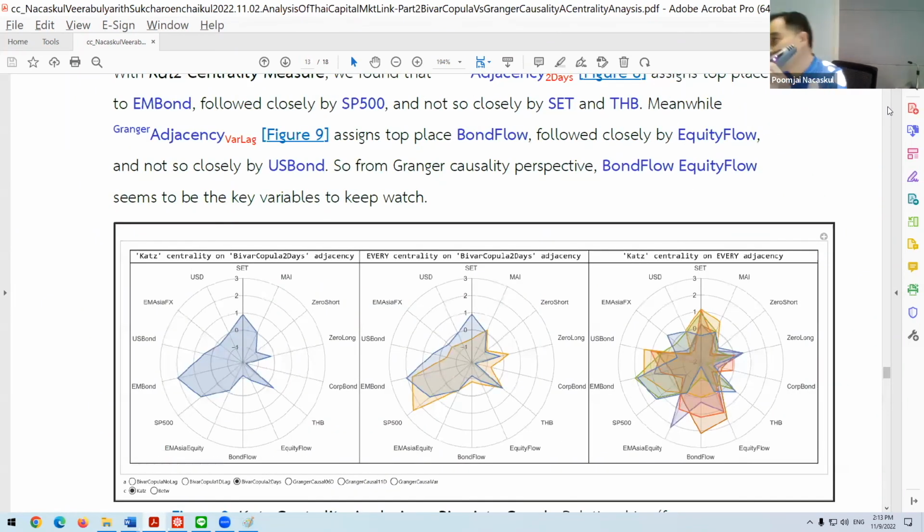The point is, based on a certain adjacency, you analyze it using Katz centrality. Remember, Katz centrality is a little bit like eigenvector. Anyway, it says that what's happening here is a lot of the time driven by S&P 500 and the emerging market bond index. Okay, so this is something real.